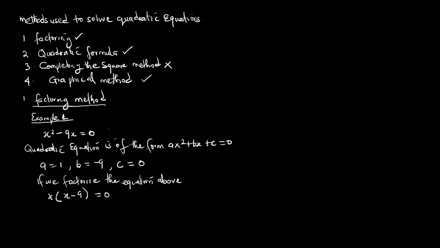Again, if you multiply x into that bracket, x times x gives you x squared, which we have here, and x times minus 9 gives you minus 9x, right? So these are the factors of that equation.